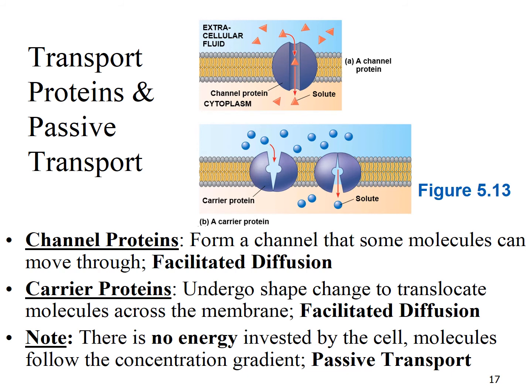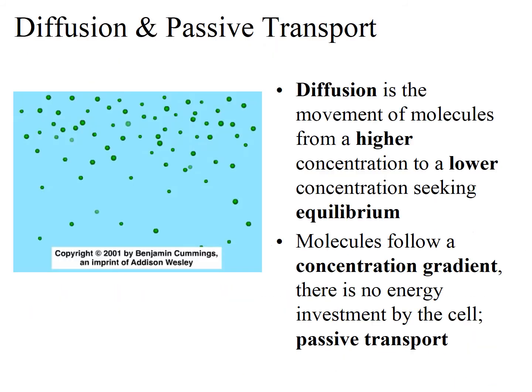Both of these are types of passive movement, so there's no energy investment by the cell, and the molecules are following the concentration gradient from a higher concentration to a lower concentration, seeking equilibrium.